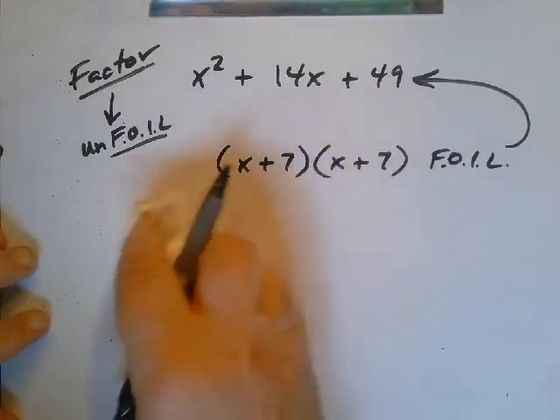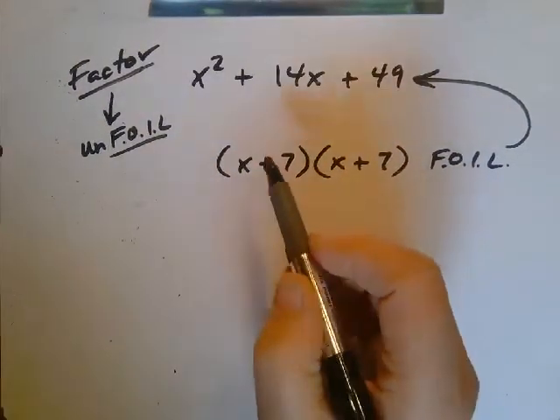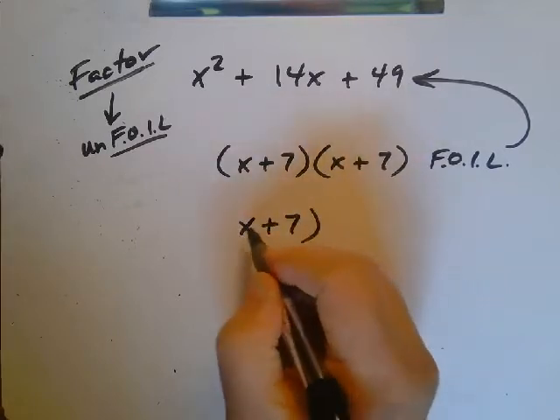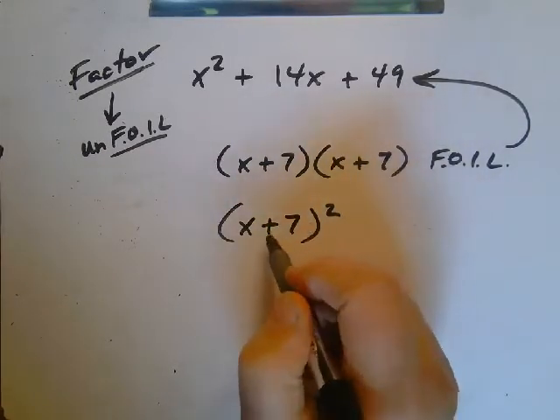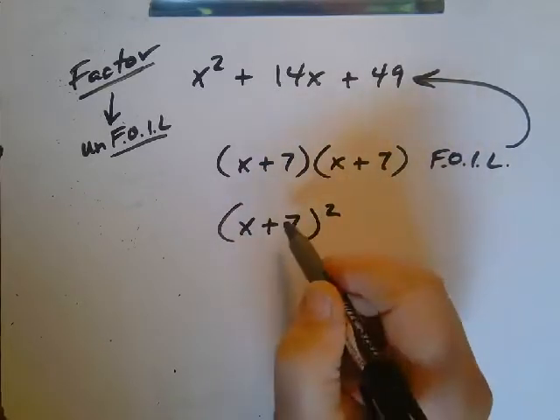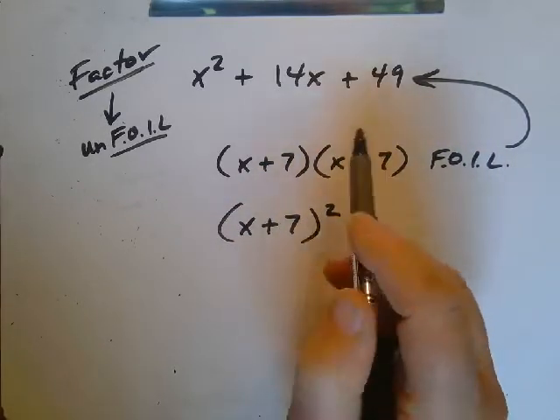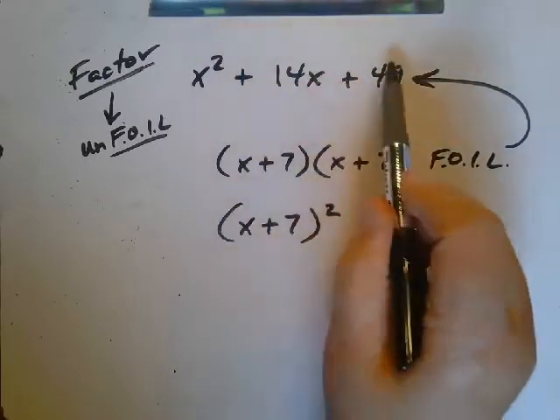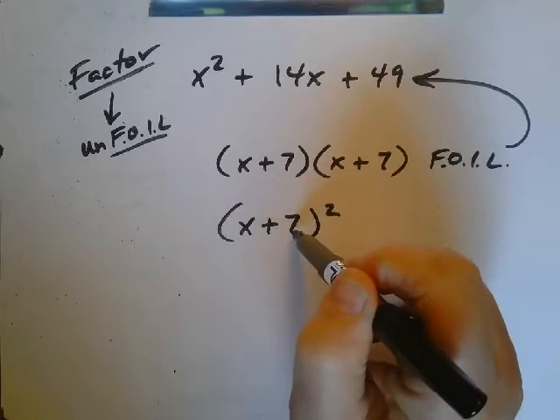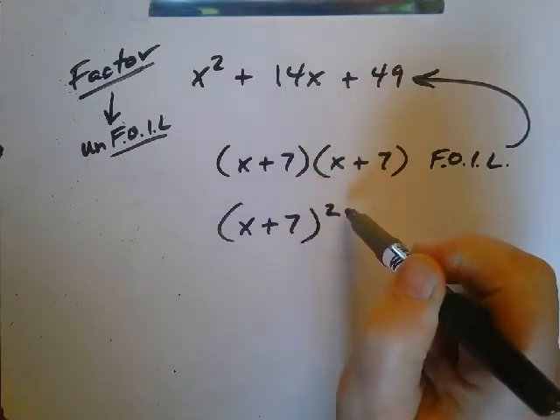Well, let's talk about it for a minute. You'll notice that this can be written as x plus 7 squared. You're multiplying a binomial times itself. We're going to take advantage of that. This whole thing happens to be a perfect square. It's x plus 7 times itself.